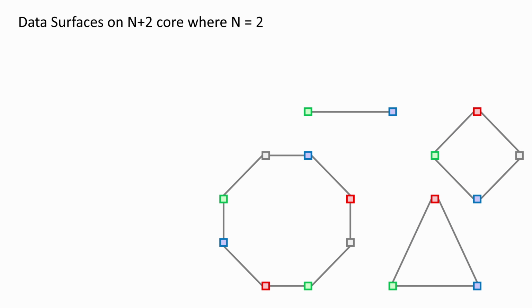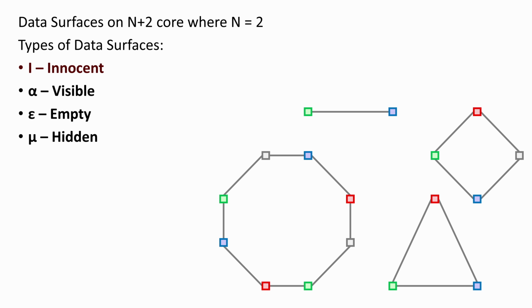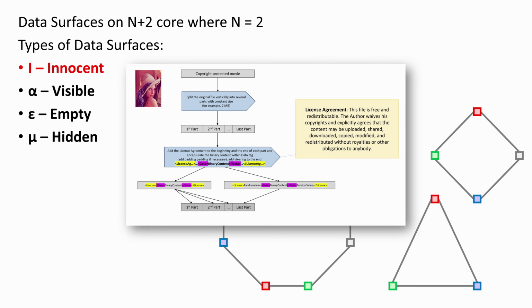Once we decompress and perform an exclusive OR operation, we can get one of the following types of result. We can receive an innocent file denoted by the Greek letter iota. This is a file where we know every bit and byte of the payload. Typically, this is our declaration of freedom of speech and freedom of file sharing, repeated again and again until it fills up the entire space of the file.